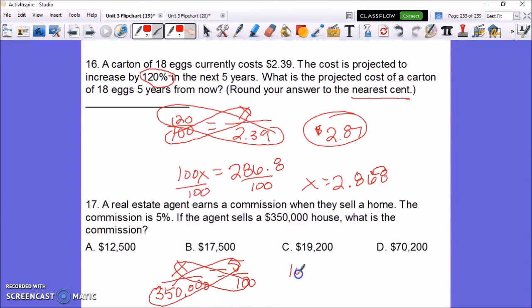And that is going to give us 100x is equal to 1,750,000. And then we're going to divide each side by 100. So off of this house, he makes $17,500. B.